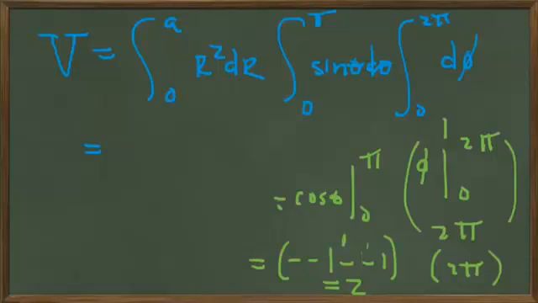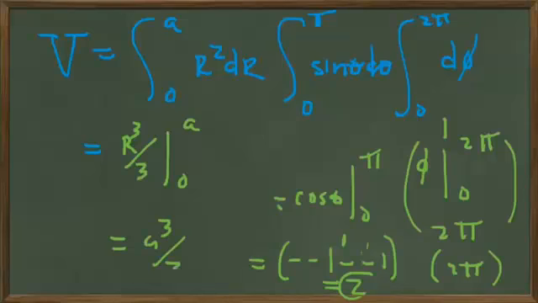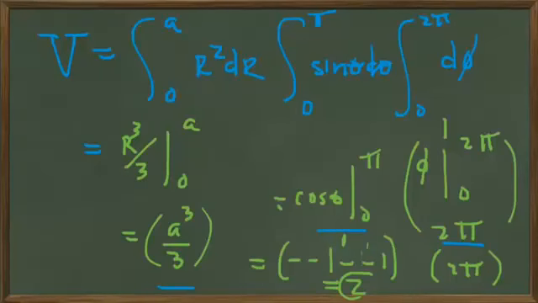So that part gives 2, and then we're integrating r squared to get r cubed over 3 between 0 and a, which gives us a cubed over 3. If we put these three factors together, a cubed over 3, 2, and 2 pi, we get 4/3 pi a cubed, which is the familiar formula for the volume of a sphere.